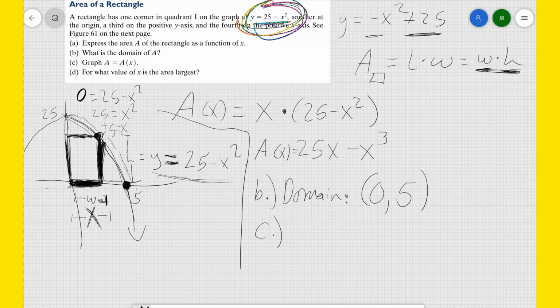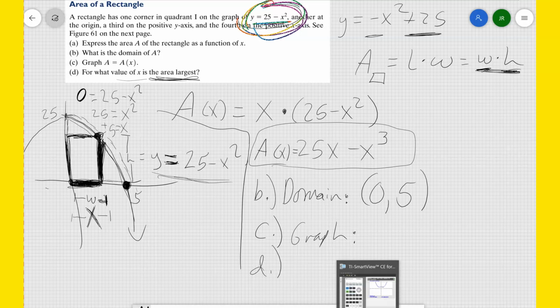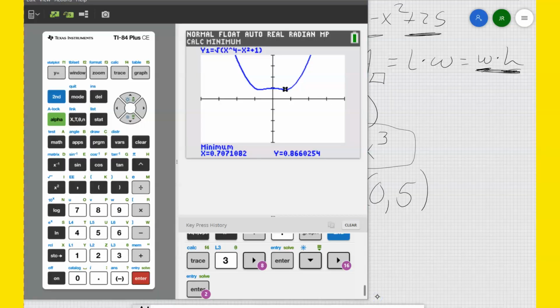Part C, graph. I'm going to simply graph this area function in my calculator, and find the value of x that makes the largest area, to maximize the area. So I'm going to go up here.